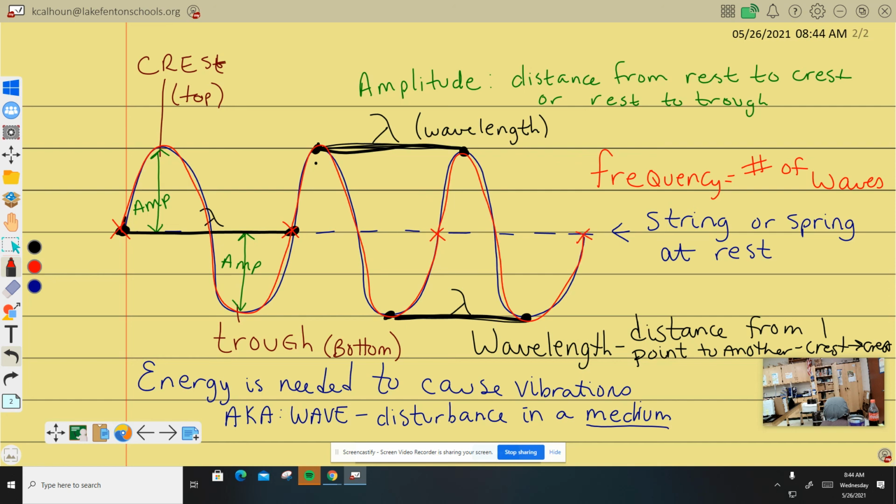And then there's three waves. So my frequency, the number of waves, is 3. You can have a half a wave, you can have a quarter of a wave, but this frequency happens to be 3. It's measured in a unit called Hertz, Hz.